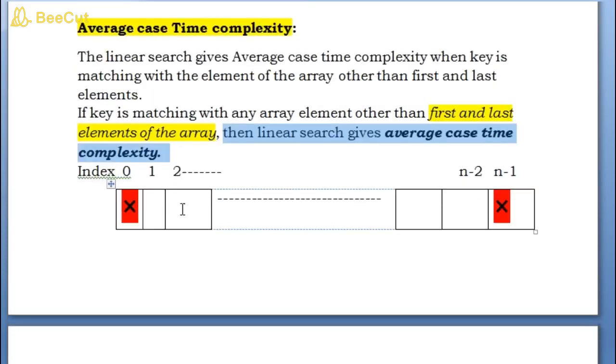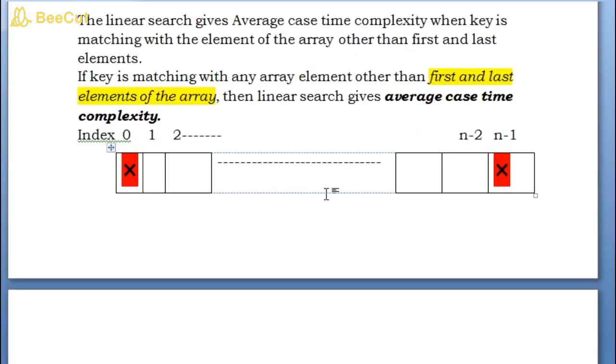So assume that if you look at the figure, n values are there. You have to ignore the first value and the last value. So out of n values, if you ignore 2 values, how many values are left in the array? n minus 2 values are there.